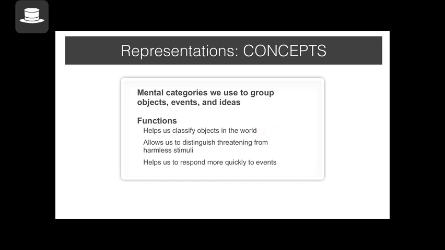Otherwise, each object that you experience would be unique in one way or the other, and you would end up spending your entire life deciding what it is because you don't have a symbol for that. So, a concept is that symbol representation that represents all such objects that fall into one specific category.